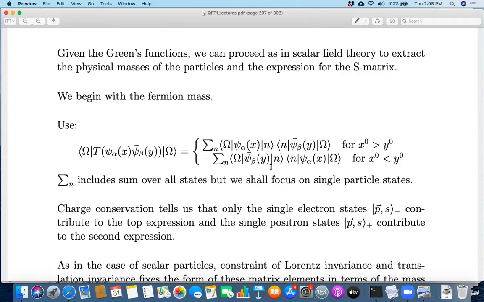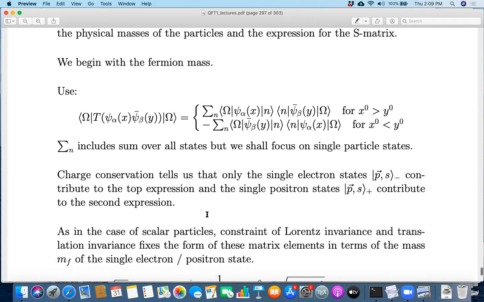So here this state must be a positron state. Again, the total charge must add up to zero. So that's what I've said here. Charge conservation tells us that only the single electron state, which we will denote by PS minus, and the single positron states, denoted by PS plus, contribute to the second expression. So this subscript minus or plus will refer to the charges of the state.